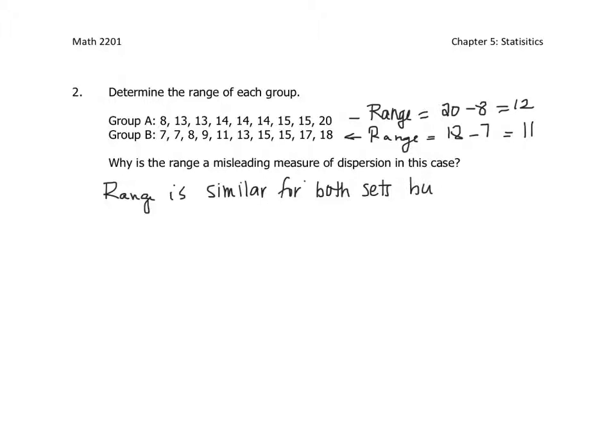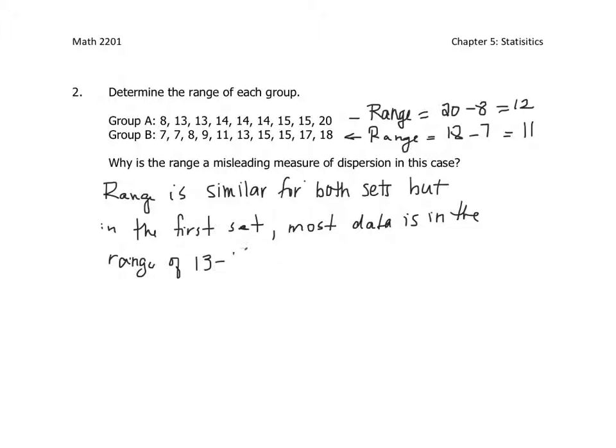Sets, but in the first set, so it looks like they're both evenly spread out, but when you look at the first set, most data is in the range of 13 to 15, with 8 and 20 kind of being outliers, or kind of outside the rest of the data.